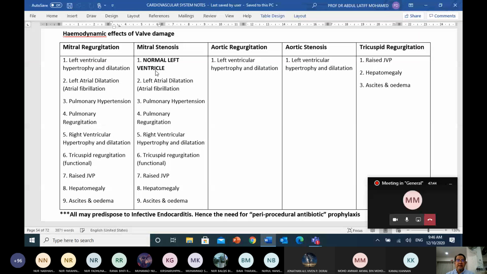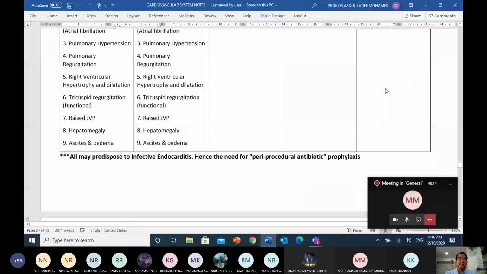It is the left ventricle that is severely damaged in aortic regurgitation. The same condition happens in aortic stenosis. In patients who are intravenous drug users, they can have tricuspid regurgitation, they can have raised JVP, hepatomegaly, ascites, and edema.